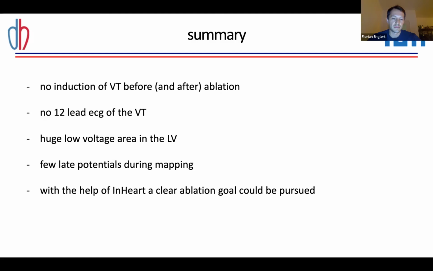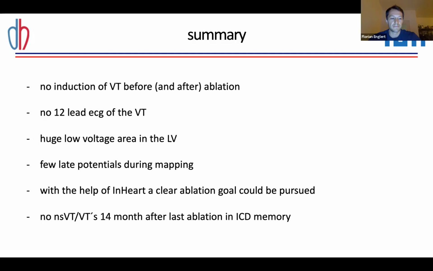But with the help of inHEART, we had a clear ablation goal that we could pursue and just followed. And since the last ablation, around 14 months ago, there were no sustained VTs or non-sustained VTs in the ICD memory of the patient.